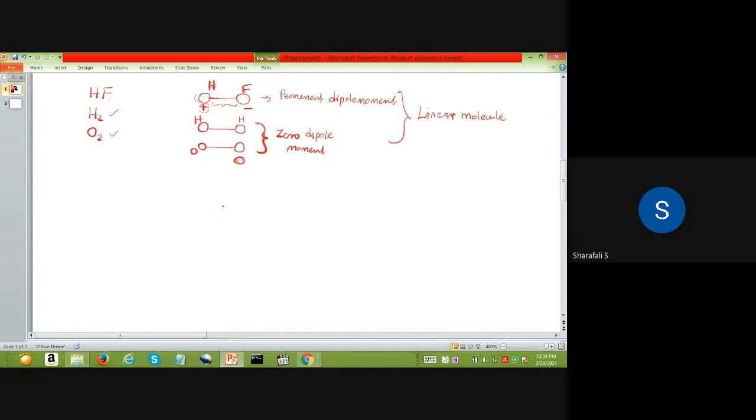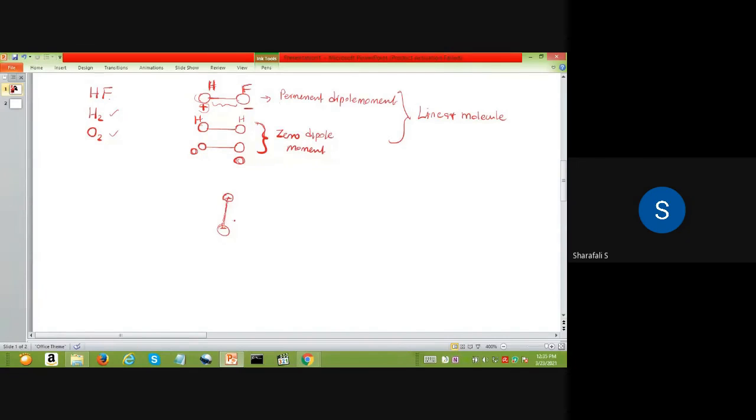Why is that? Because if you consider a plus charge here and a minus charge here, suppose your atom is like this, positive charge above and negative charge below. If it is rotating, then that positive charge will come here and the negative charge will come here. Then again, if it is rotating, the positive will come down.